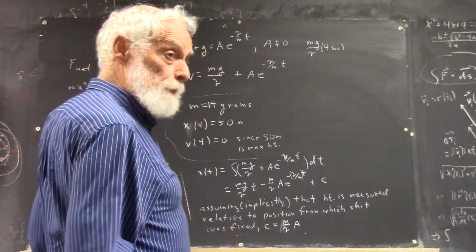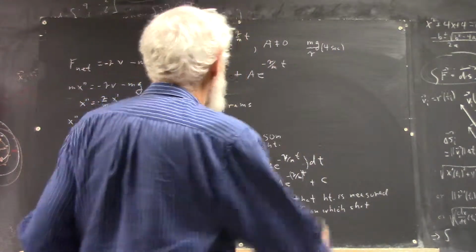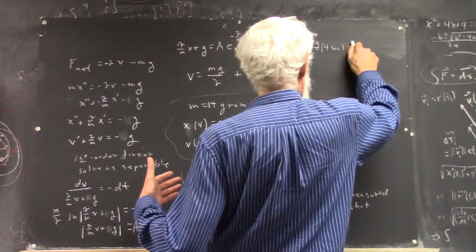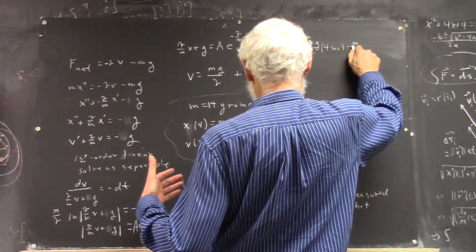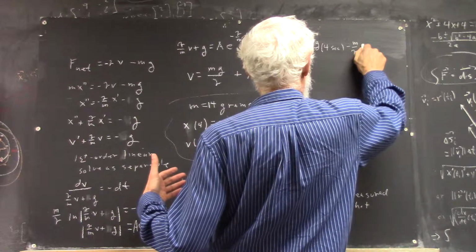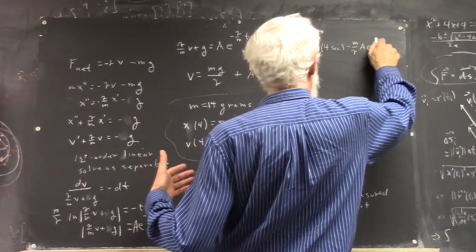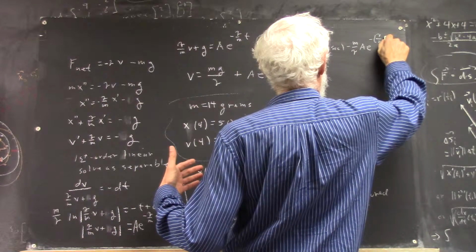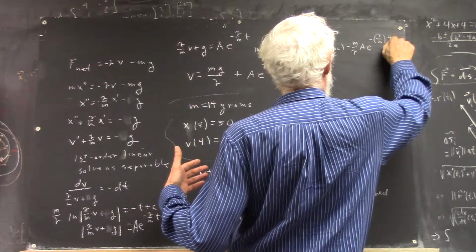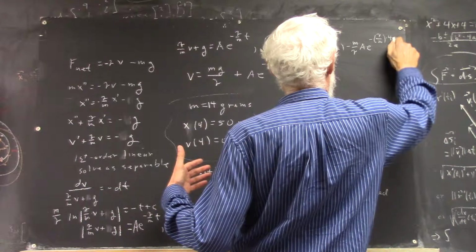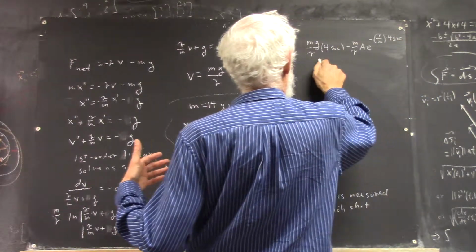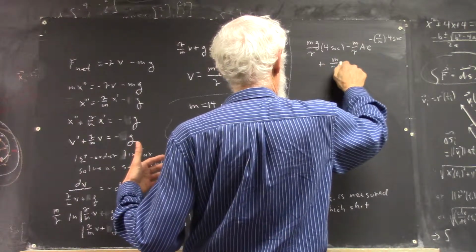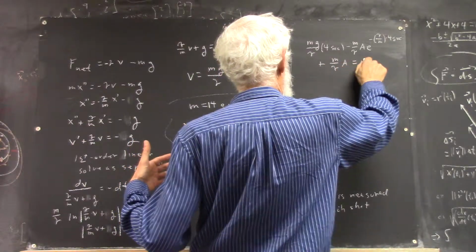So we have mg over gamma times 4 seconds, minus m over gamma A e to the negative gamma over m times 4 seconds, plus m over gamma A equals 0.